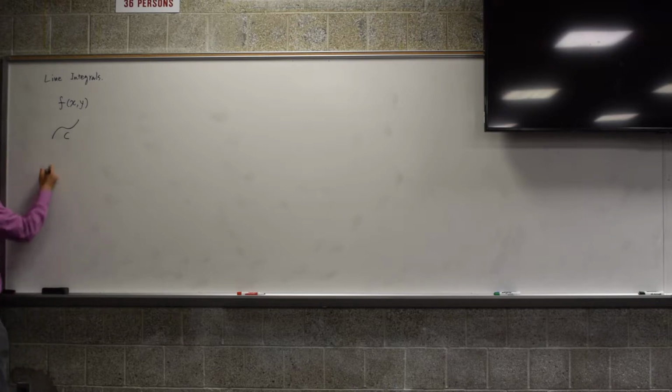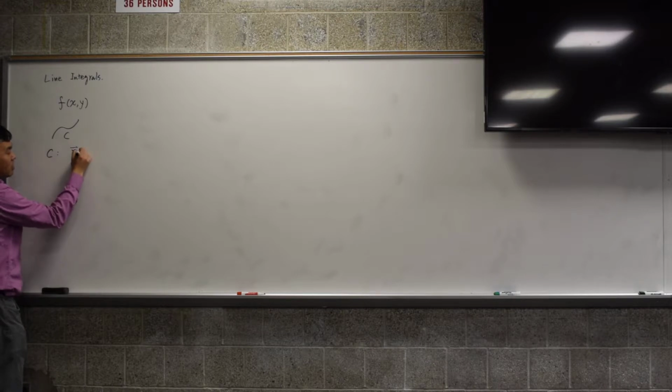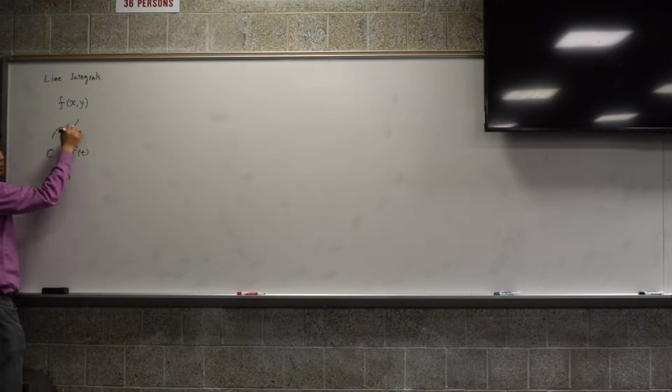Now, usually in multivariable calculus, when you're given a curve, you want to describe it by a parametrization of the curve. So you use r(t), the position function of a moving particle that's moving on this curve. If it begins from here and ends there, at each time t the particle is at some point here.